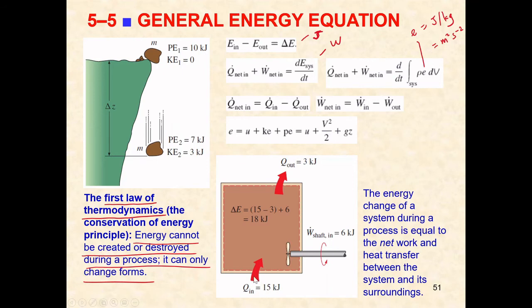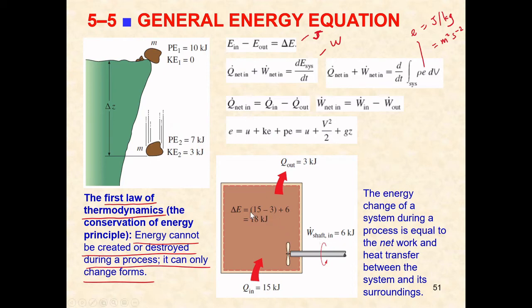So you have 15 kilojoules of heat entering the system, then 3 kilojoules flowing out of the system in the form of heat, and then you have a shaft that provides 6 kilojoules of work energy into the system.